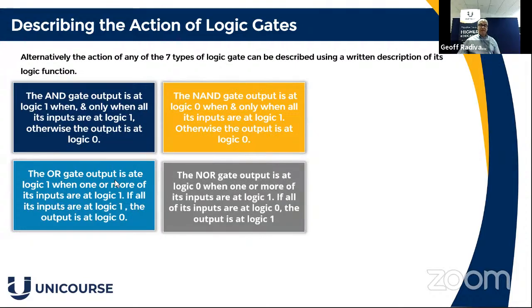And likewise, the same thing for the OR gate. So you quite often notice as long as you've got at least one input with a 1, the output would be 1. But if you then put the NOT on it and make it into a NOR gate, then you will get a 0. I'll let you have a quick look at that because it gives you time just to digest it.